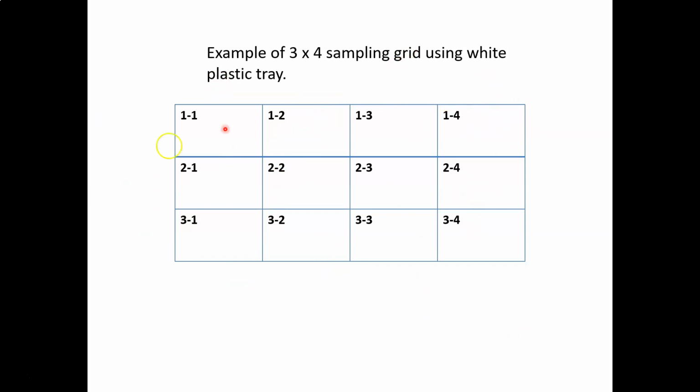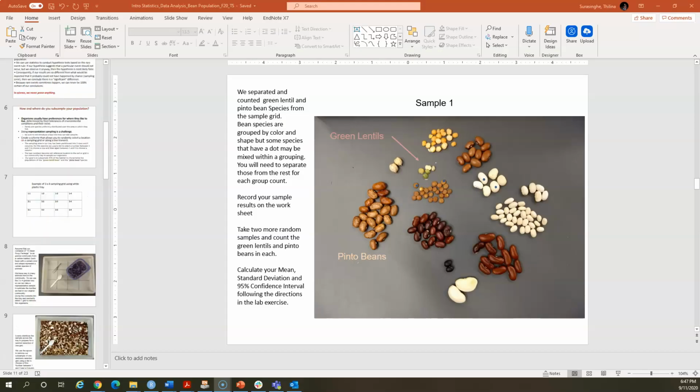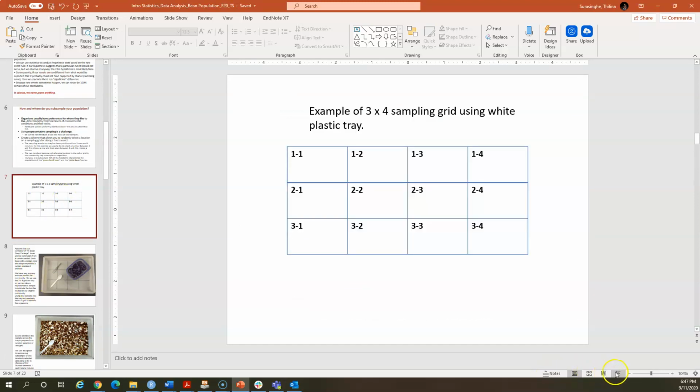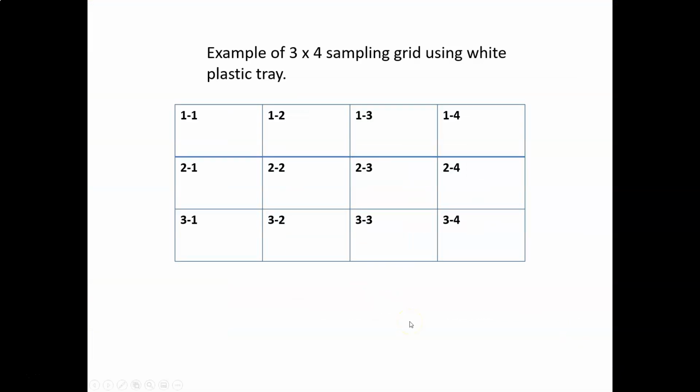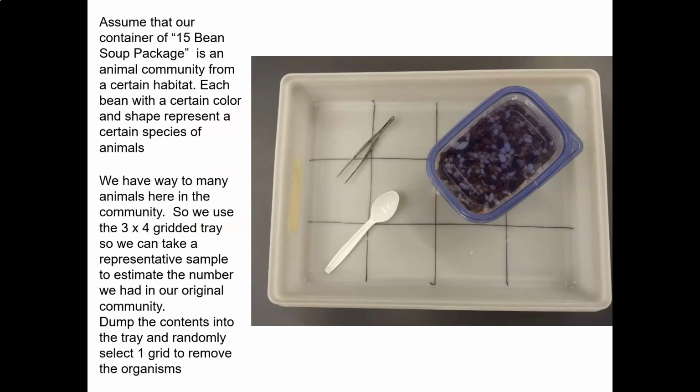So here you have 3 by 4, 12 grids, 12 possible samples you can collect. And from the 12 possible samples, you're only collecting just 25% of it.